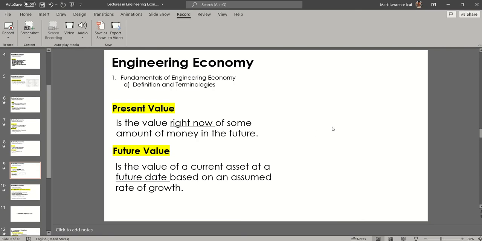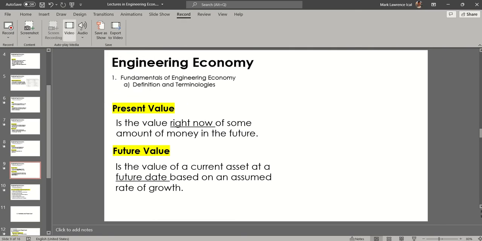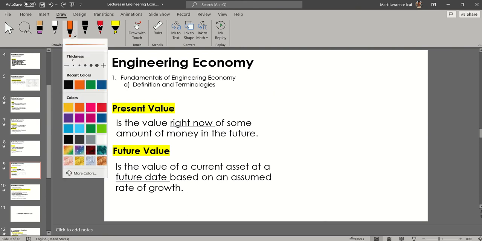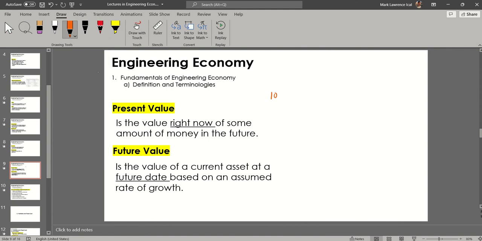So for example, you have 100 pesos today in 2022.